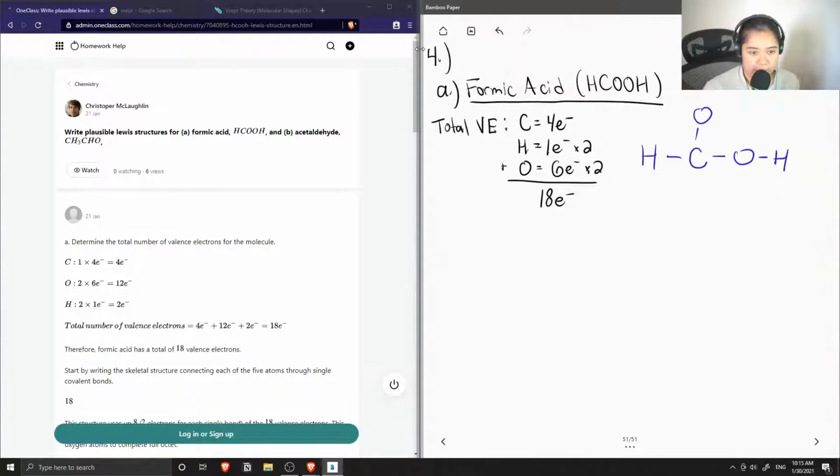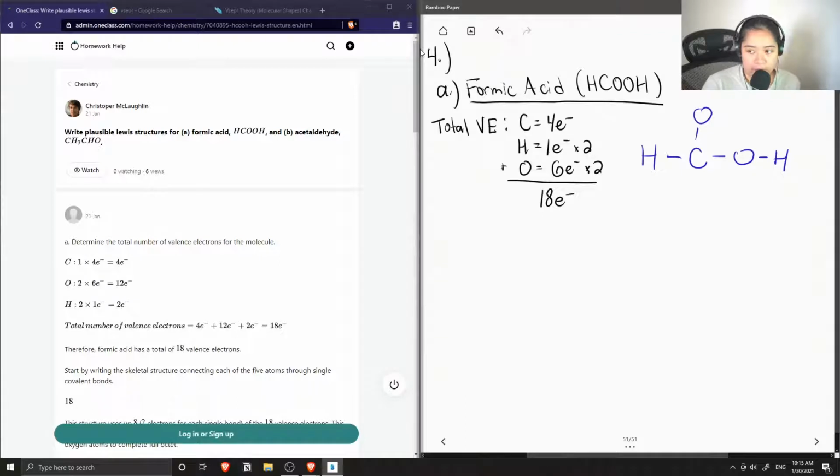If we look at the octet of carbon, it doesn't have a full octet yet, and there are only 3 bonds to the carbon. Since carbon prefers to have 4 bonds in total, I'm just going to make this top oxygen have a double bond. Now if I wanted to find out how many electrons I've drawn so far, I'm going to count how many bonds we have.